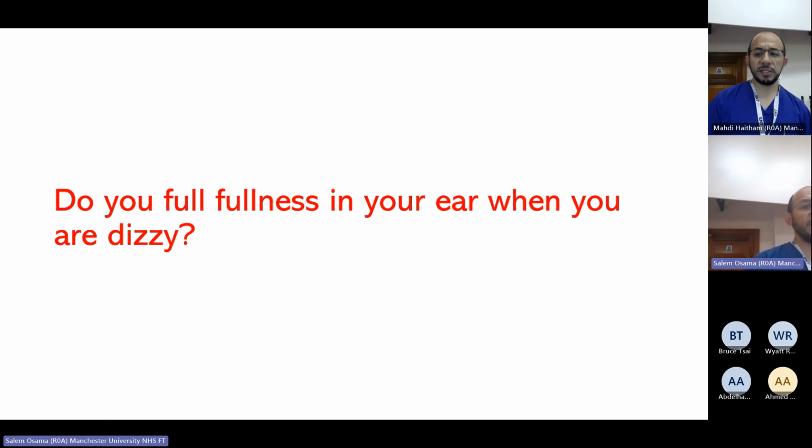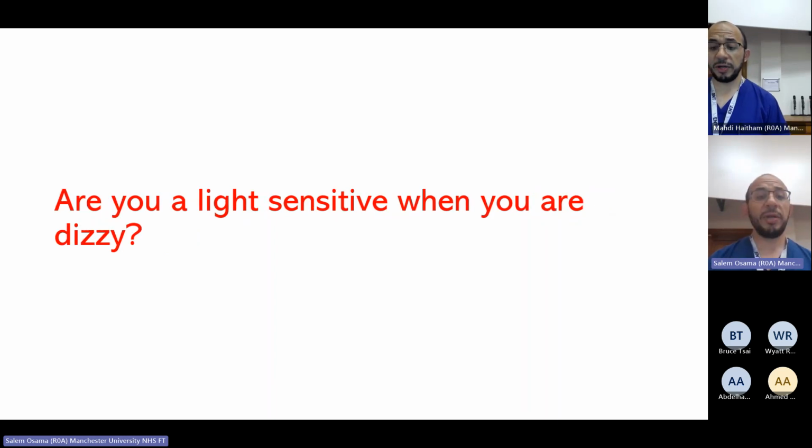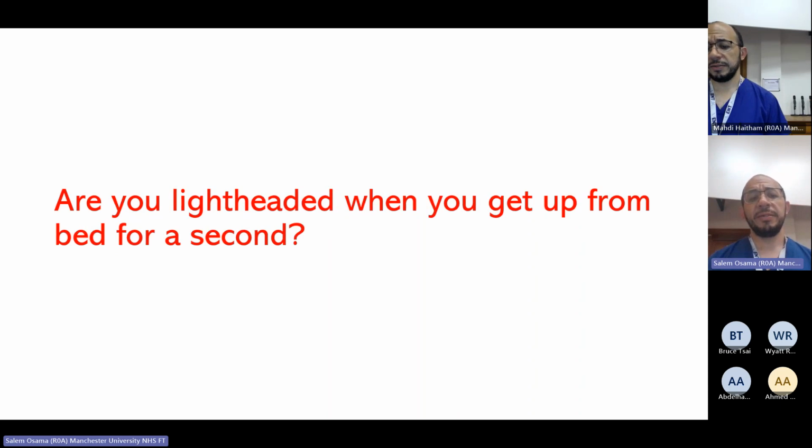Or, do you feel fullness in your ears when you're dizzy? This would be related to Meniere's, could be related to something else as well, but yes, Meniere's. Are you light sensitive when you are dizzy? Migraine, yes. Are you lightheaded when you get up for a second?